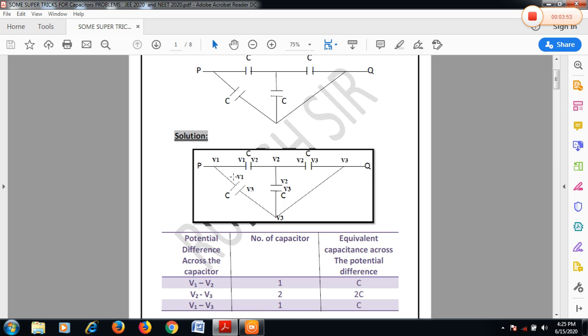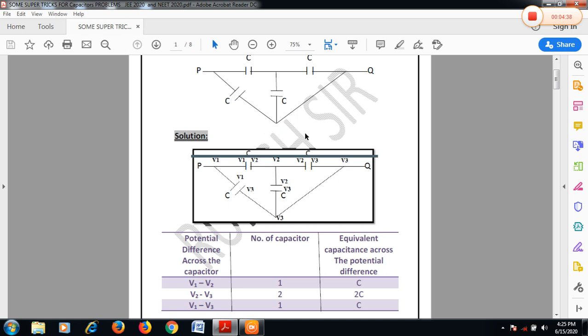Within the potential difference V1 and V2 we have only one capacitor, this capacitor, and let us assume its capacitance is C. Students, I need to mention that all the capacitors given here have the same capacitance: they all have the same cross-sectional area A, and the distance between the plates is also the same. That is why we can say all the capacitors are identical.